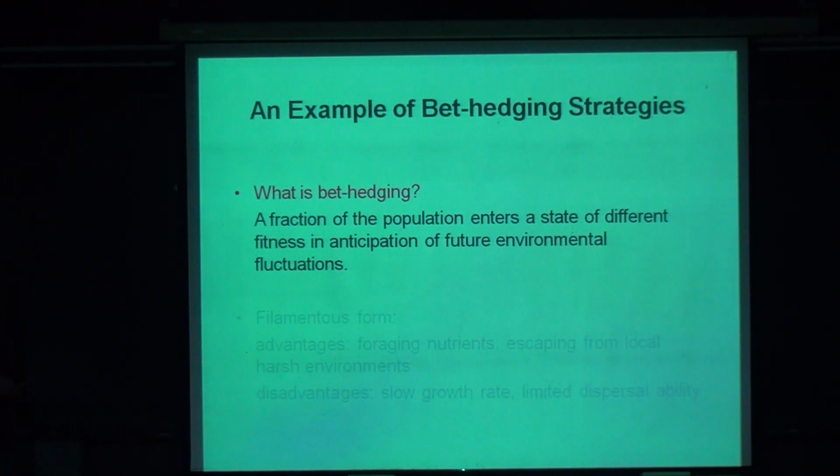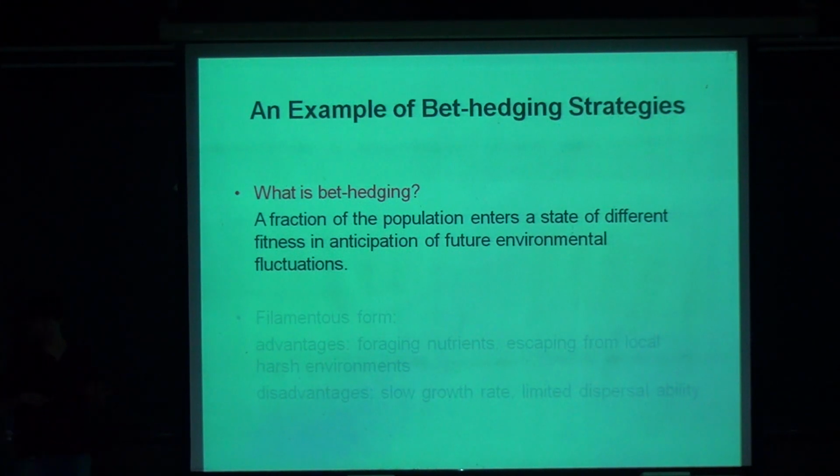Basically it means if the cell is living in a very fluctuating environment, that means the environmental condition changes a lot. So sometimes the cell cannot respond to the change very quickly. So in that case, maybe most of the population will just go extinct because they encounter those harmful environments and they cannot adapt to them or respond quickly enough, so all of them will die.